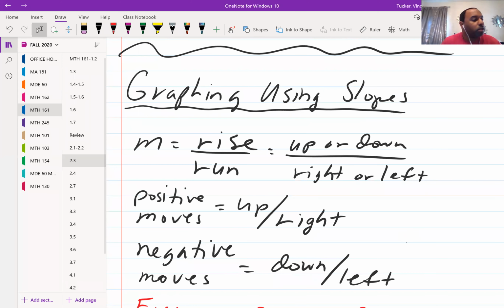I'll tell you that last piece as far as part of your relationship when pertaining to these slopes is rise over run. So we're looking at the rise means going up or down. Your run is right or left. So we'll be able to graph using positive moves and negative moves. That means your positive moves here will be up and right, negative moves down and left.